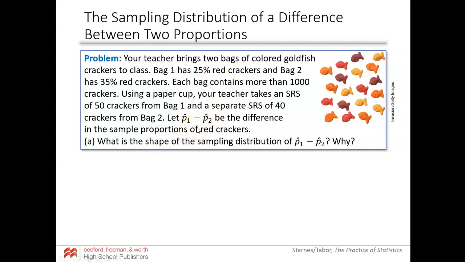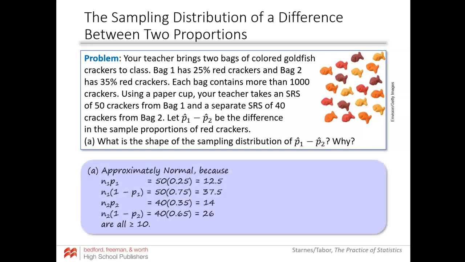So the first question is, what's the shape? We're supposed to be checking whether this is approximately normally distributed, so we need to check the large counts rule for everything. Whew, all right. So in bag 1, 25% red, and it was a sample size of 50. So 50 times 0.25 is 12.5.